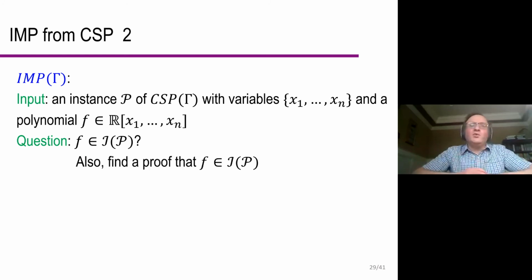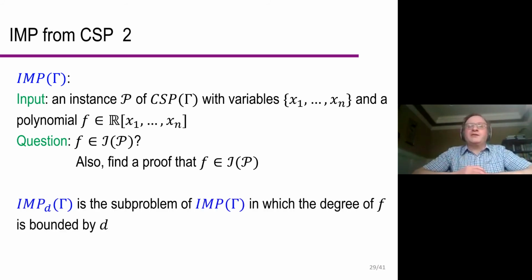Also, we may want to find a proof that it belongs to the ideal. Sometimes we want to restrict the problem a little bit, and we restrict it by bounding the degree of the input polynomials. Sometimes it's necessary. Sometimes we don't know how to solve the general problem, but we know how to solve this degree bounded problem.